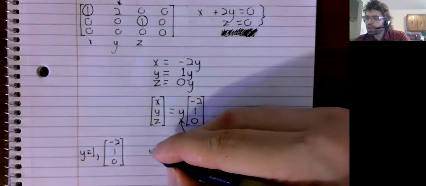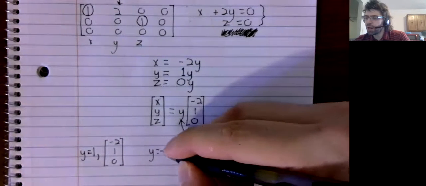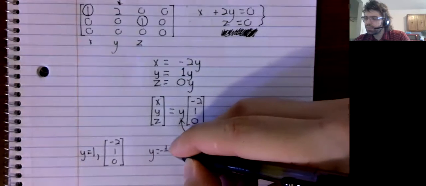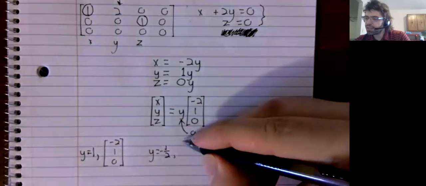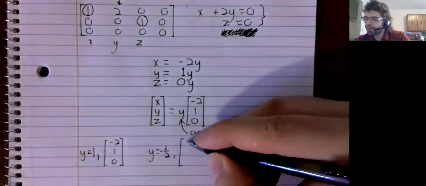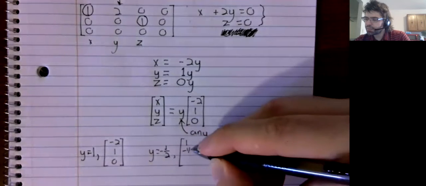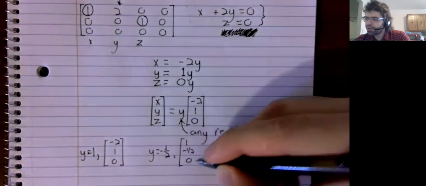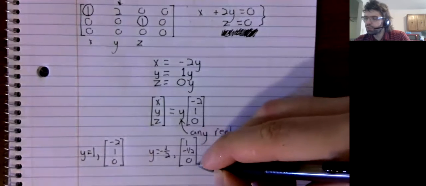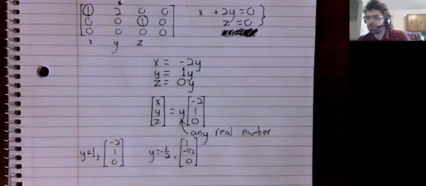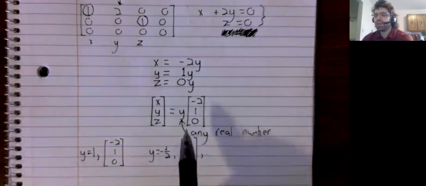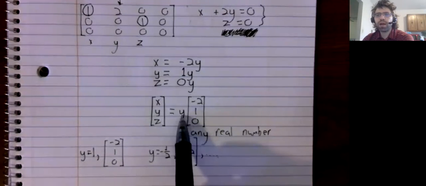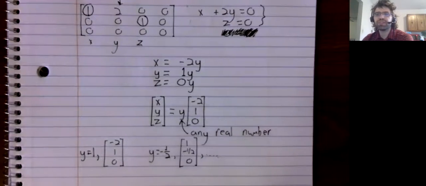If you pick another value of y, say negative 1/2, that gives you another solution, and so on. Every value of y you pick gives a different solution.